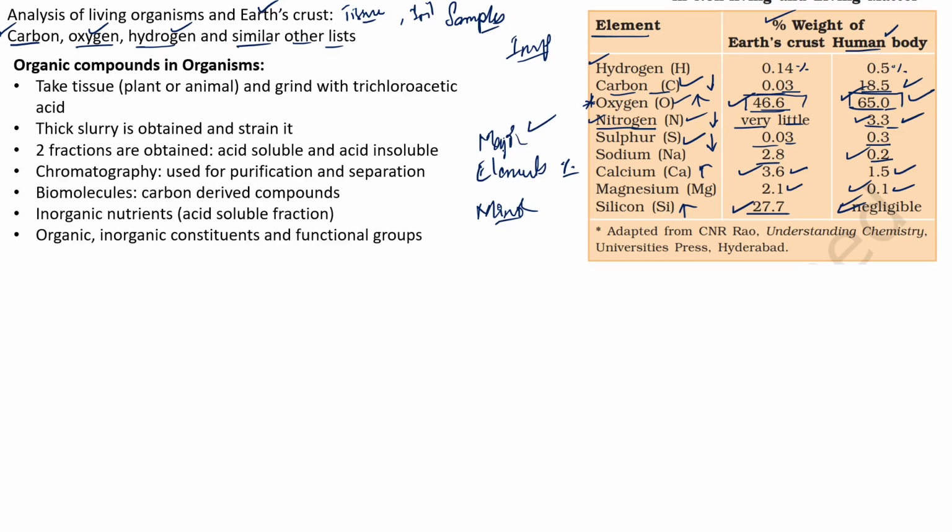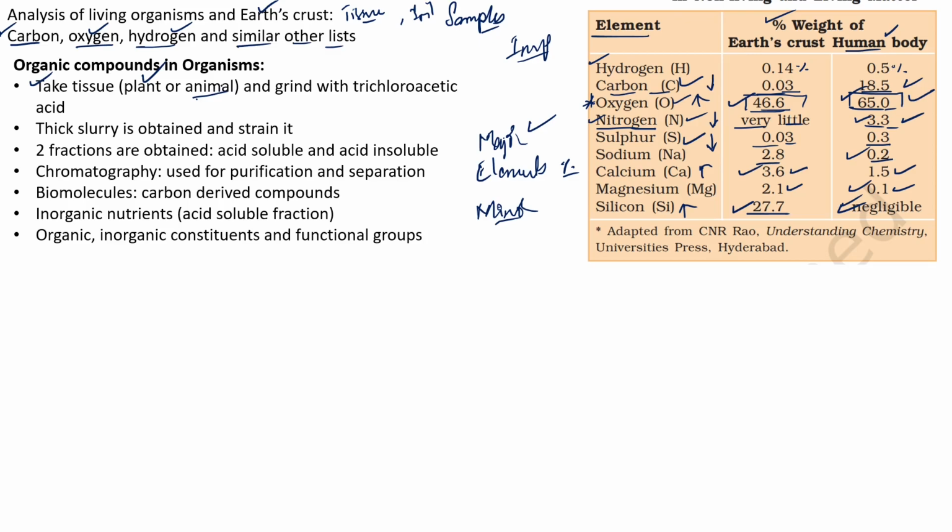That is organic compounds in the case of organisms. So how can we determine the organic constituents in the tissues of living organisms? It is quite a simple task, because we can take a tissue. If you want, you can take a plant, which is very easily accessible, and in some cases you can even take animal tissues.